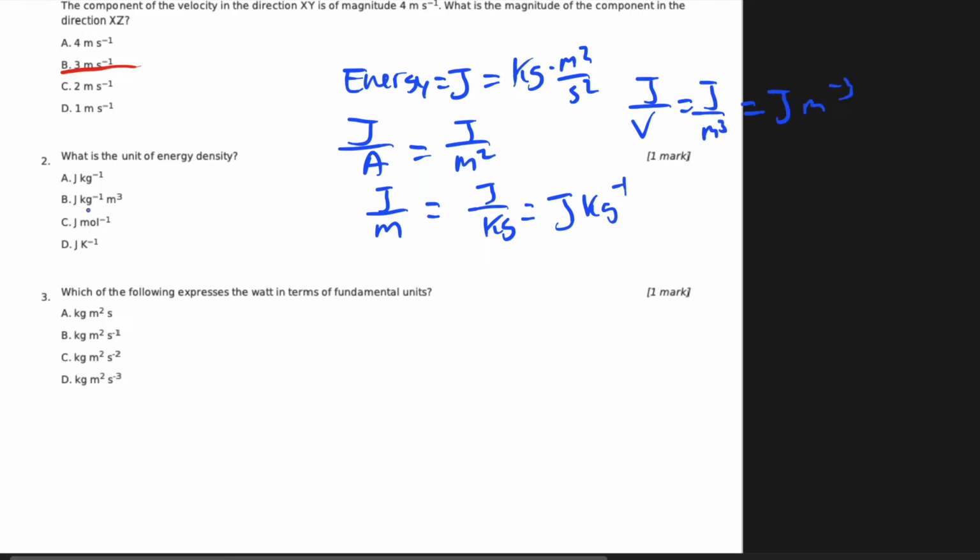And we know only option A fits for energy density, so A is the correct option.